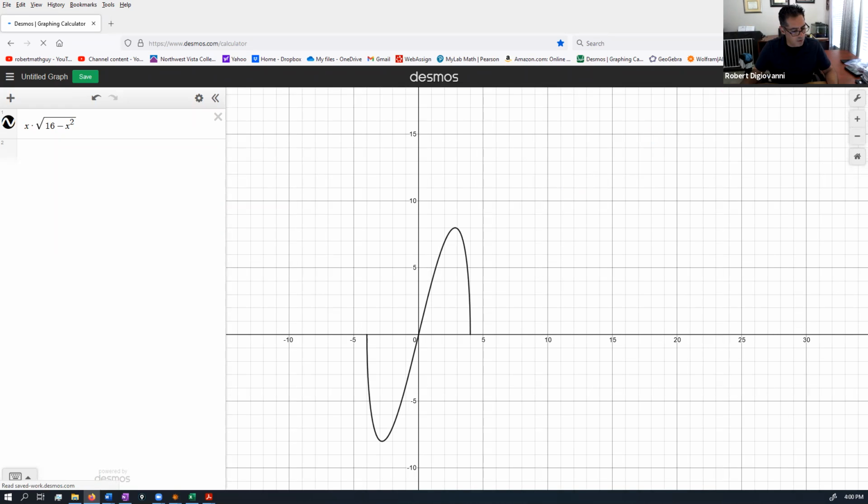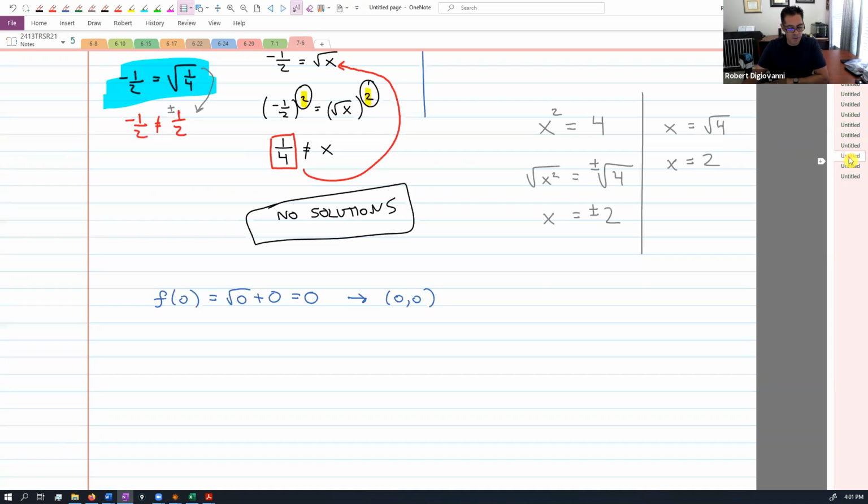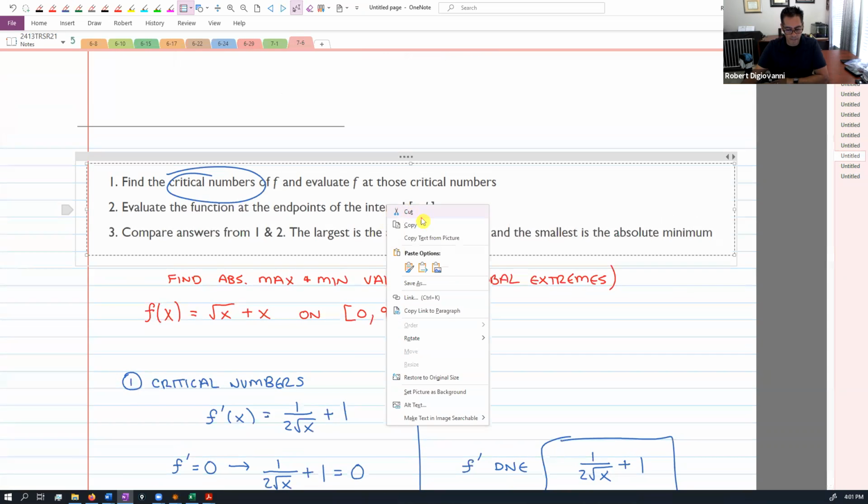We're going to go f of x equals x times the square root of 16 minus x squared on the interval 0 to 4. Find the absolute maximum and minimum values. Do y'all want the steps up here or no? Well, I guess it won't hurt, huh?